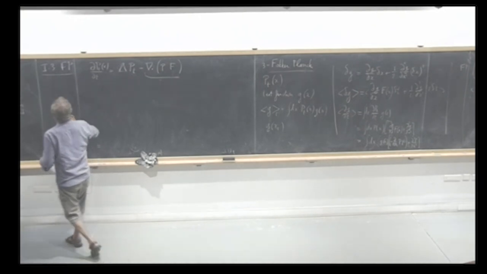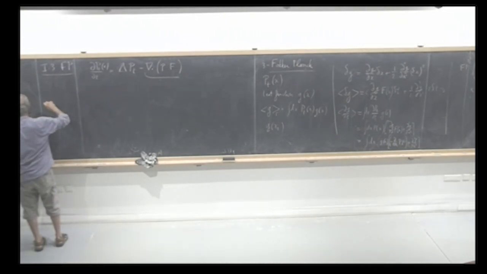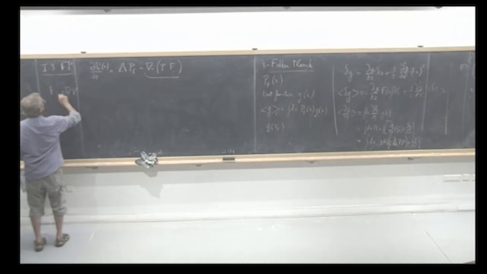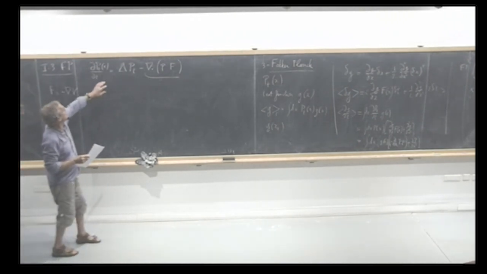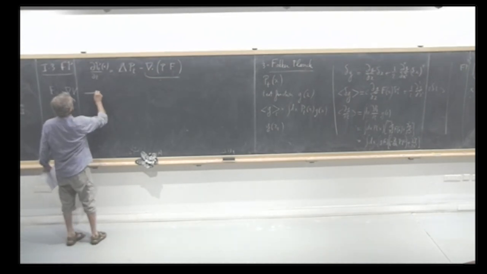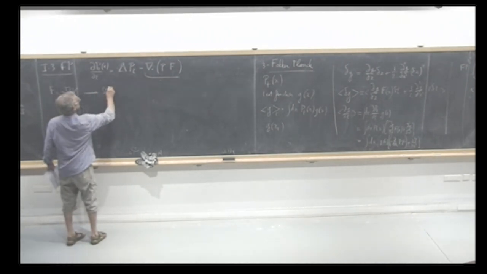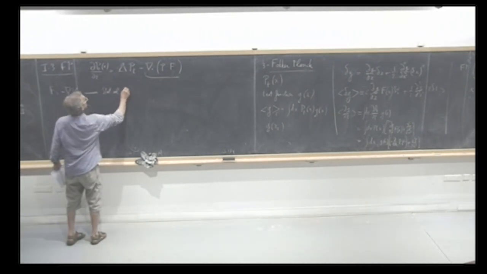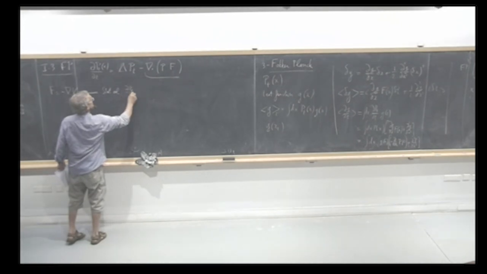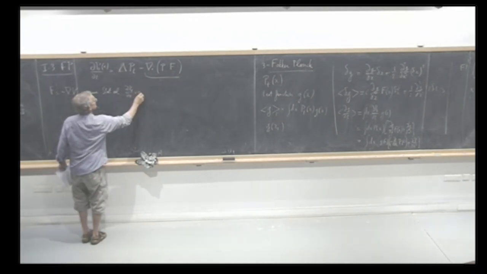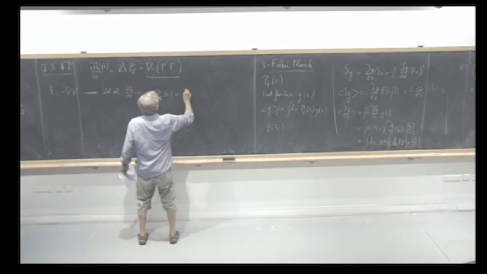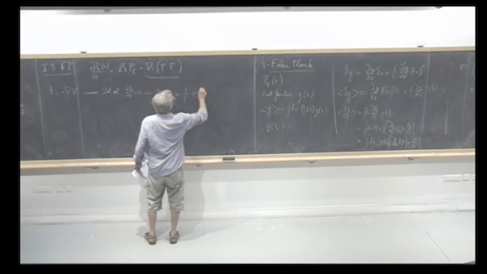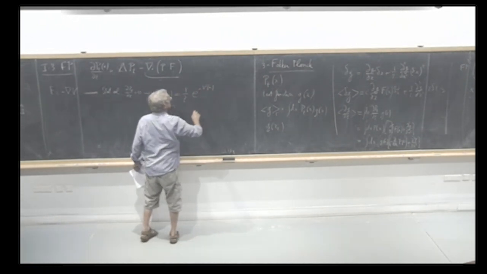The simple case is when f is minus the gradient of a certain potential, V. Then you can find the stationary solutions. You solve the equation dpt dt equal to 0, and you find that p of x is equal to e to the minus V of x.